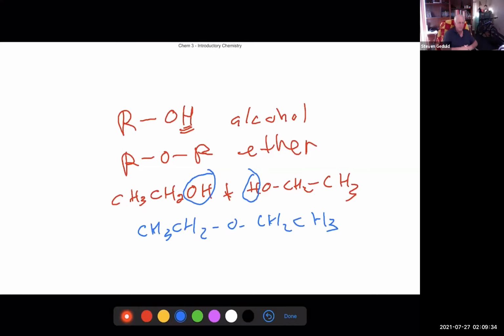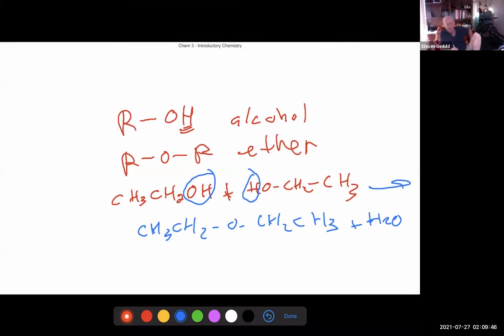That's how we make an ether, in what's called a dehydration reaction. This plus that gives you this plus water, because we took an H from one end and an OH from the other end to give water. So now you have an alcohol and an ether. Those are 2 functional groups, and there's more, don't worry. Those are condensation reactions, and we're just removing an H and an OH from an alcohol group.